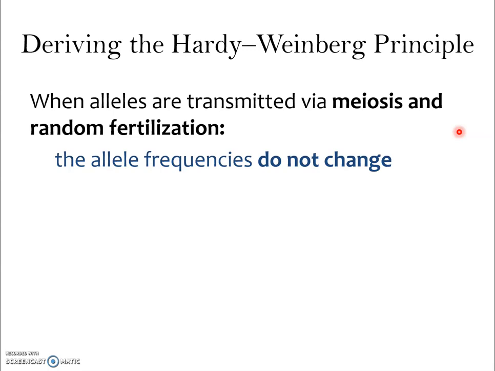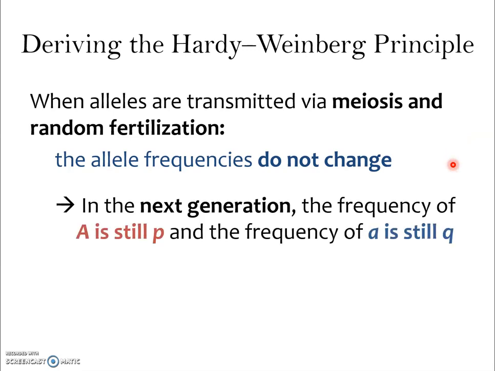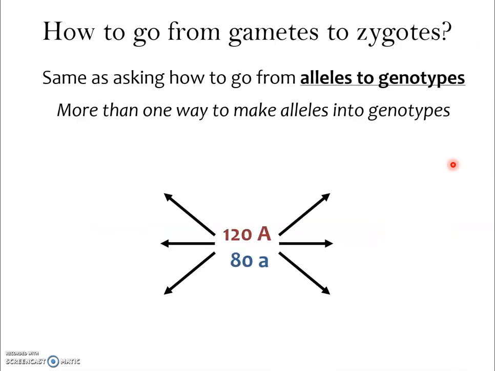When that's the way that we make zygotes from gametes, the allele frequencies shouldn't change. If we make fewer zygotes than we had alleles, the numbers might change, but the frequencies should not change. So in the next generation, we think the frequency of A, big A, should still be P, and the frequency of little a should still be Q.